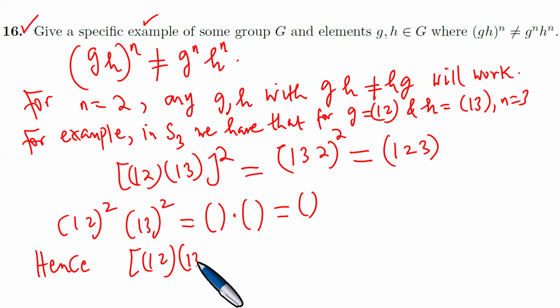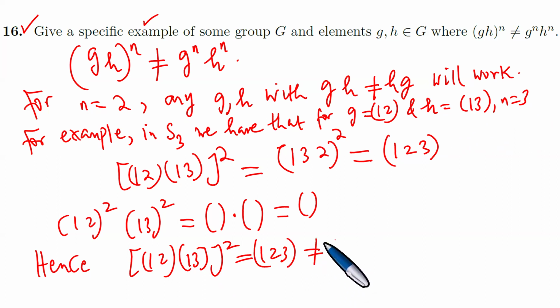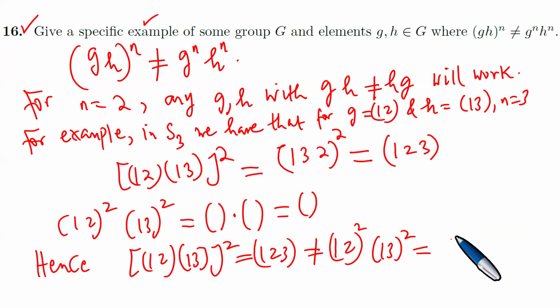If you square 1, 2, 1, 3, we have already seen that we're getting 1, 2, 3, but it is not equal to 1, 2 squared, 1, 3 squared, because 1, 2 squared, 1, 3 squared produces the identity permutation.